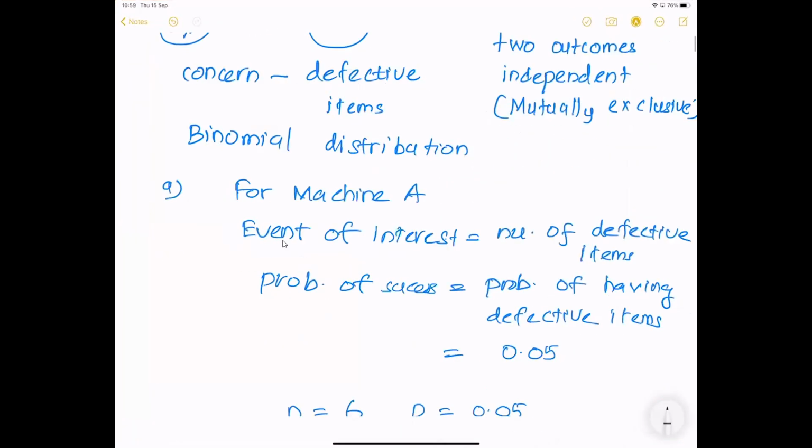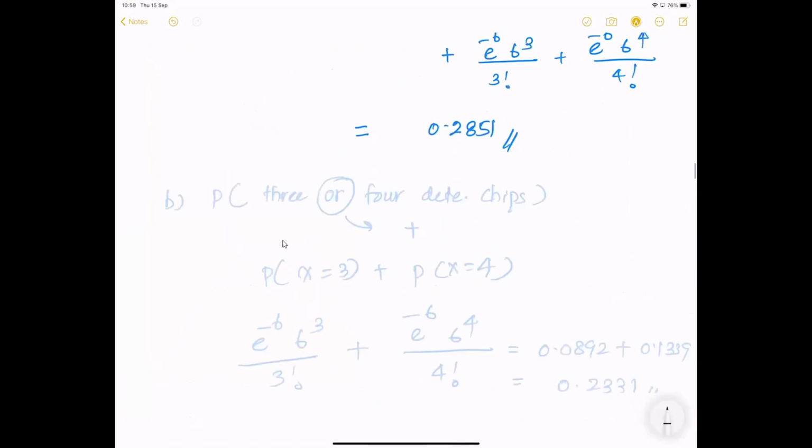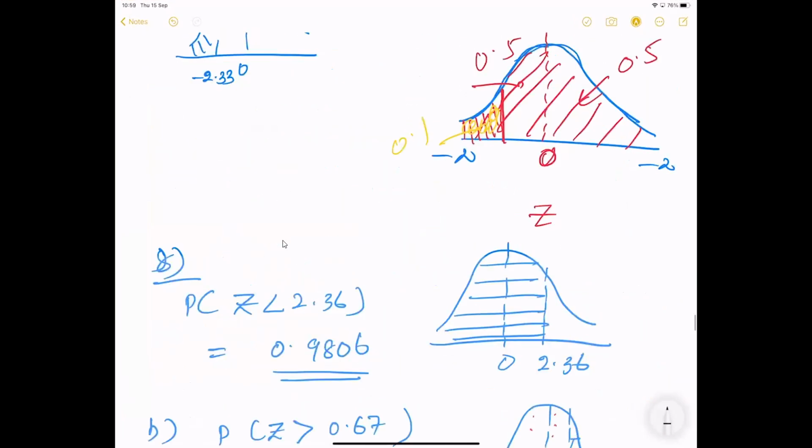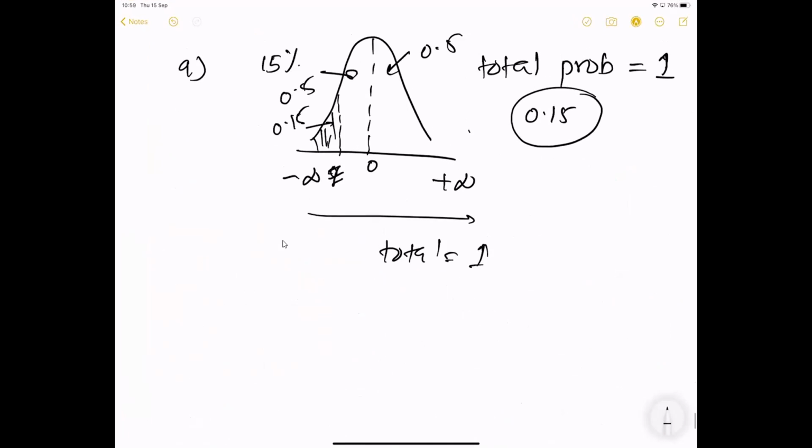It is definitely a negative value, on the negative side. Therefore, this Z is minus 1.03.